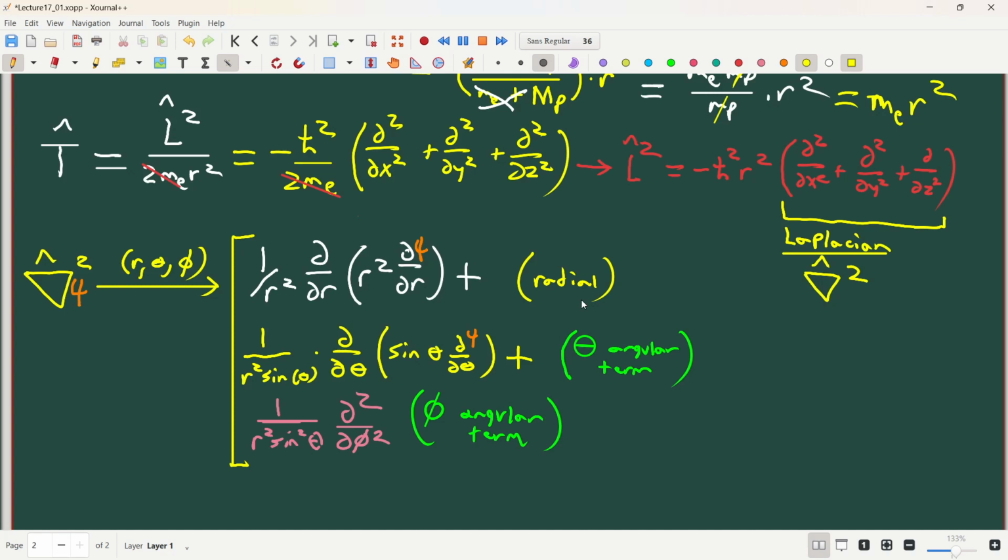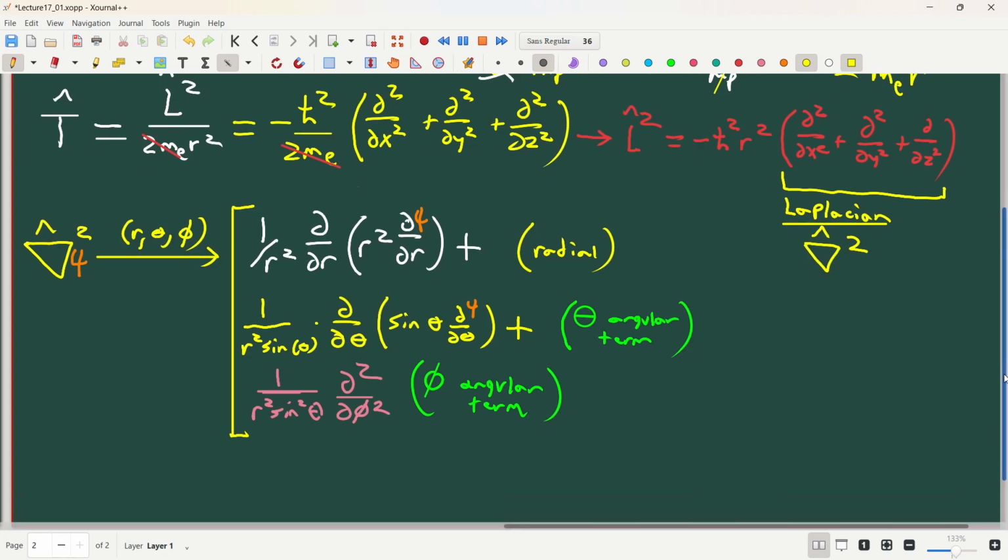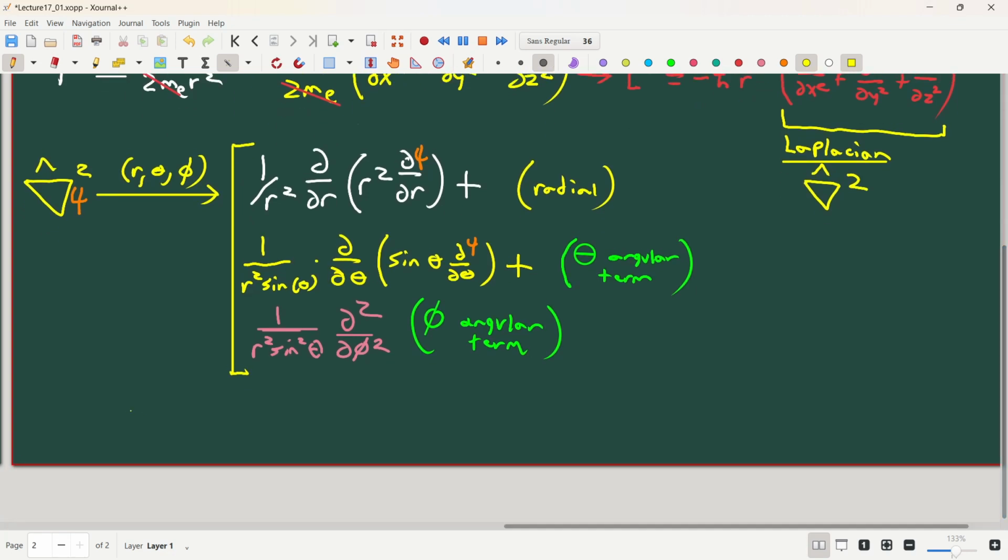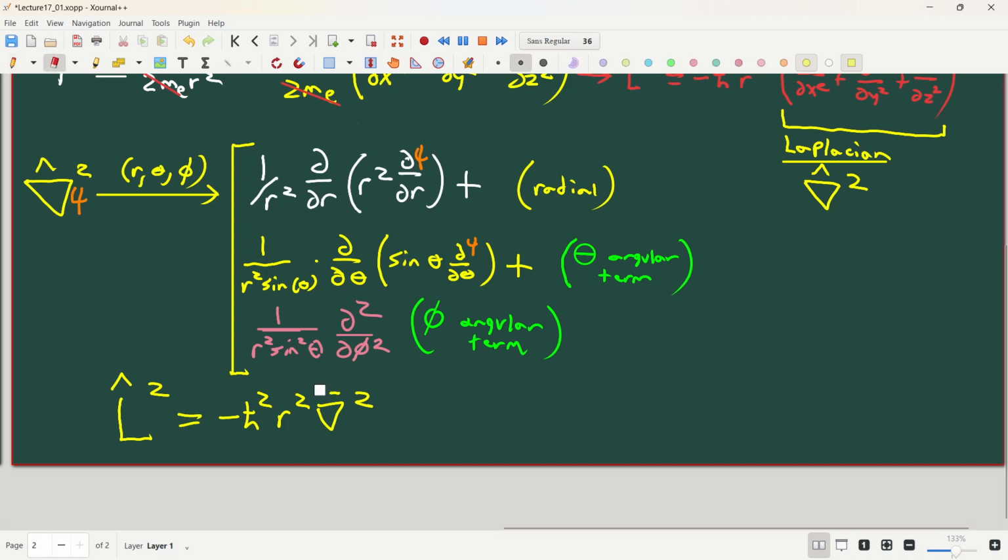All right, so let's go ahead now and write down our L squared operator. Put this all together, which is minus h bar squared r squared del squared. The important thing to note is that this radial term, remember in our problem we've assumed a rigid rotor, that r is unchanging.